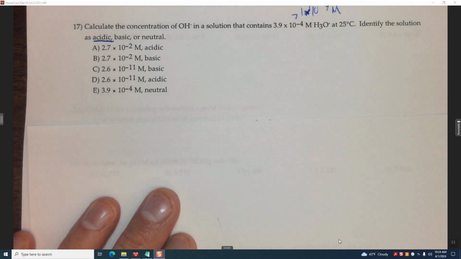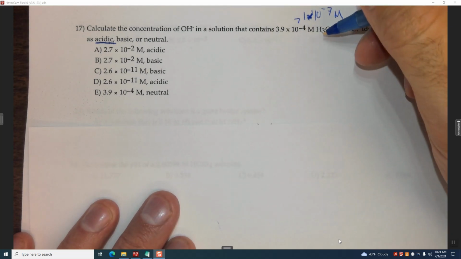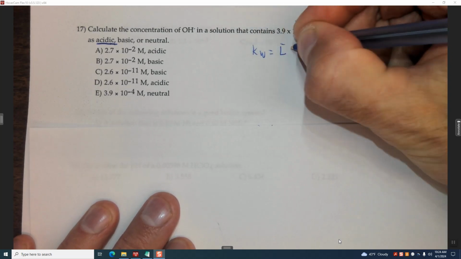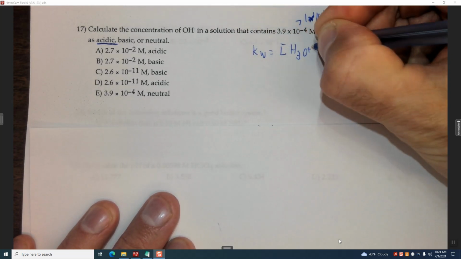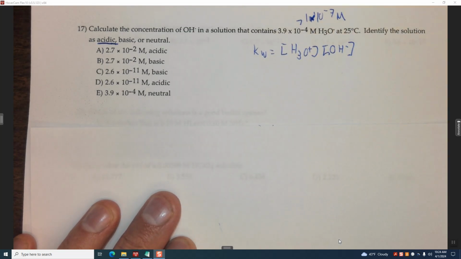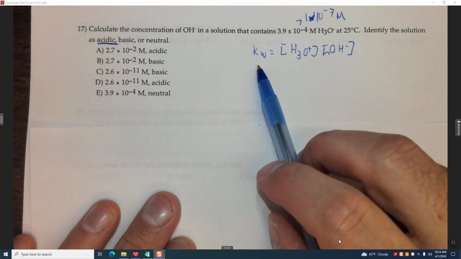I'm not going to go into great detail on that here, but there are several videos from the homework where that is gone into in much greater detail. So Kw equals the concentration of H3O+ times the concentration of OH-. Kw is a constant, 1 times 10 to the minus 14.